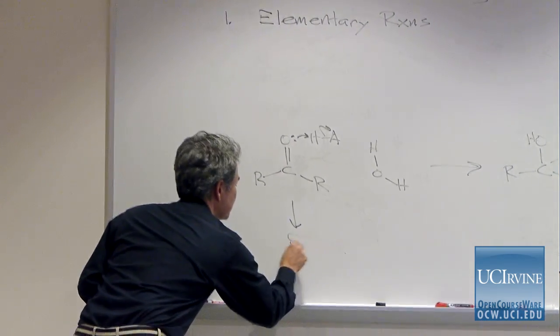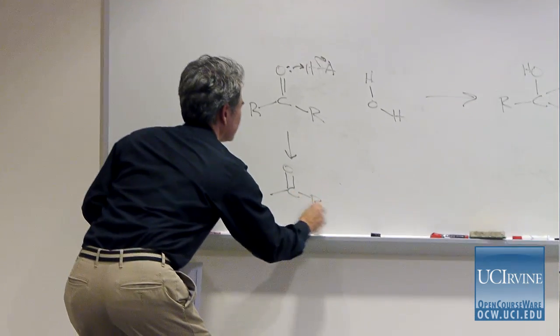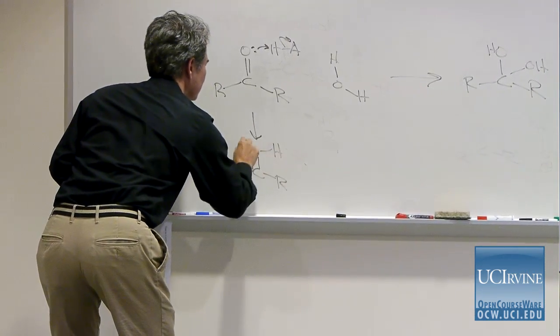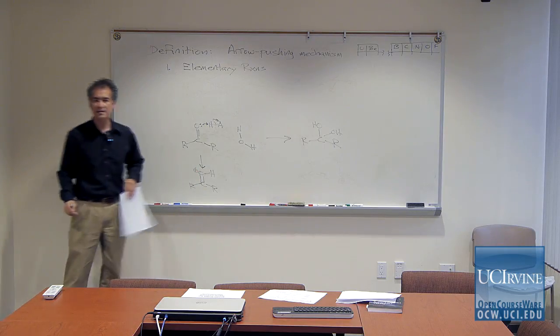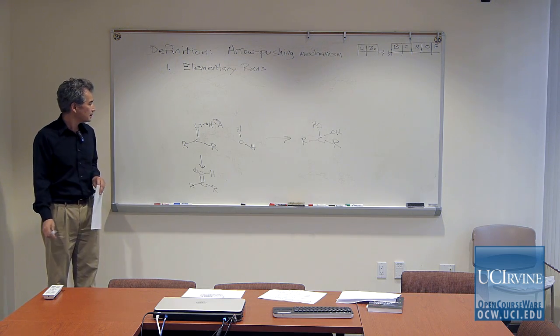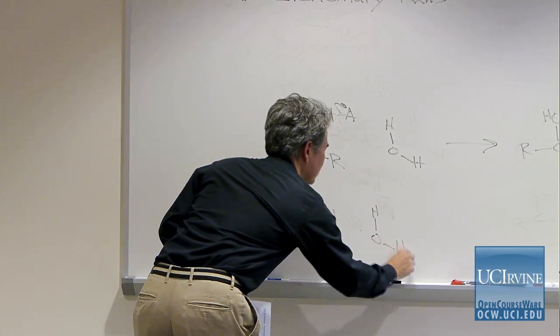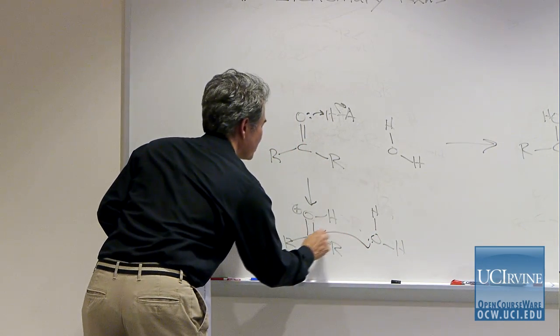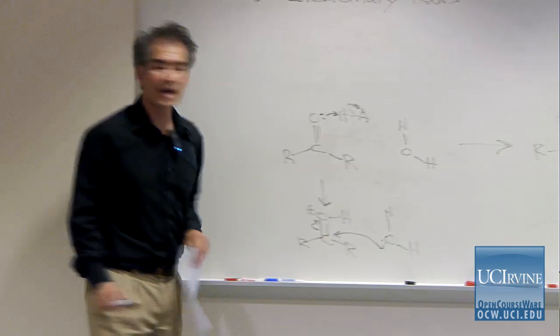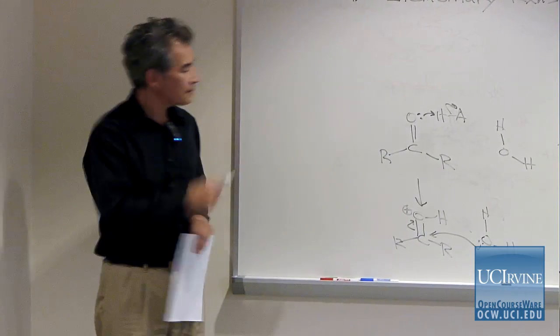And so when I draw the next intermediate, I now have that proton on this oxygen with 3 bonds to oxygen. I call that an oxonium ion. And so now that I've activated this carbonyl carbon, I can now use the lone pairs on my water nucleophile to attack that carbonyl. So I now have the first step.